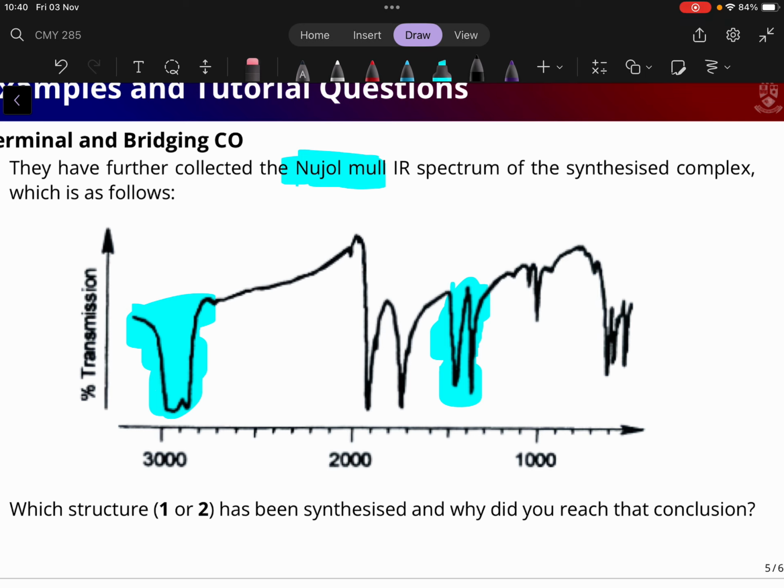The next thing is we know where we expect terminal versus bridging carbonyl stretches. We look at 2 ranges. We know we have a range between 2,200 and 1,900 per centimeter, and that means terminal CO. So if we see a stretch in that region, we know it's terminal.